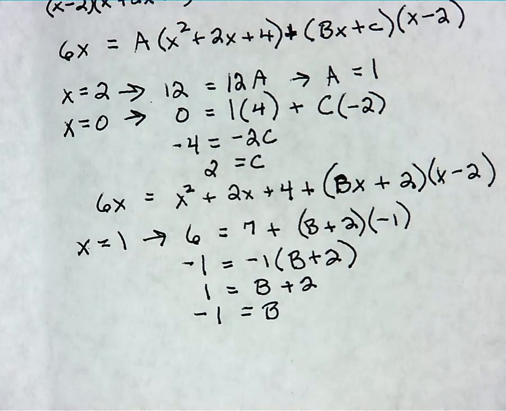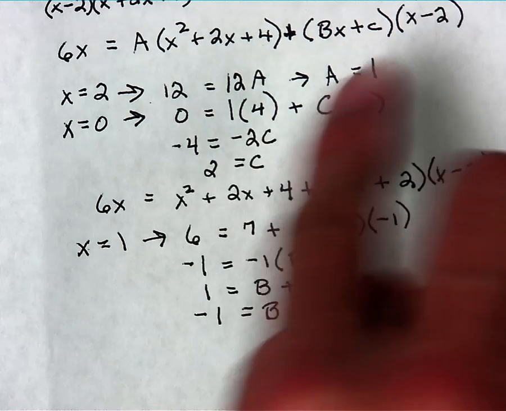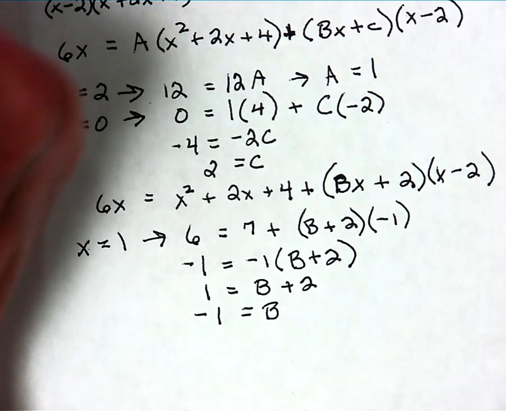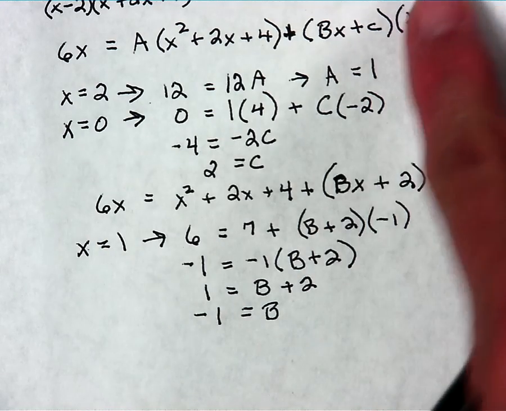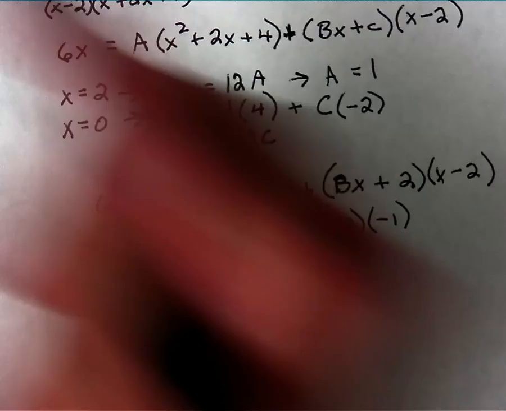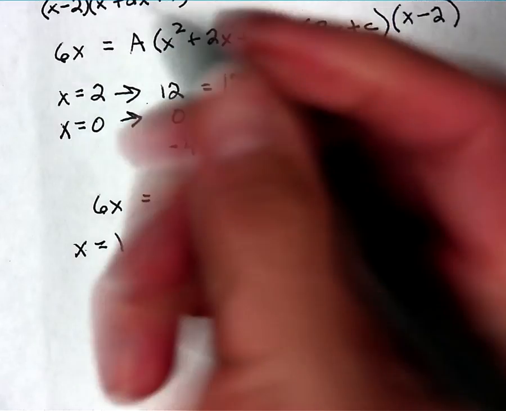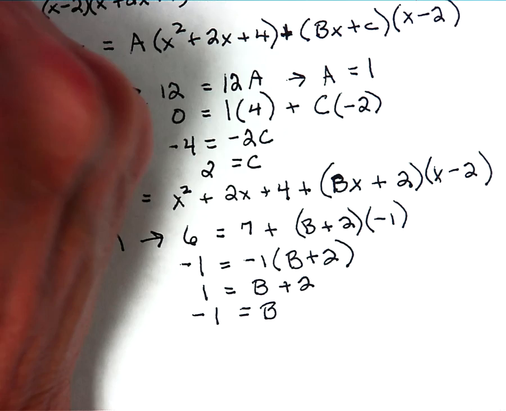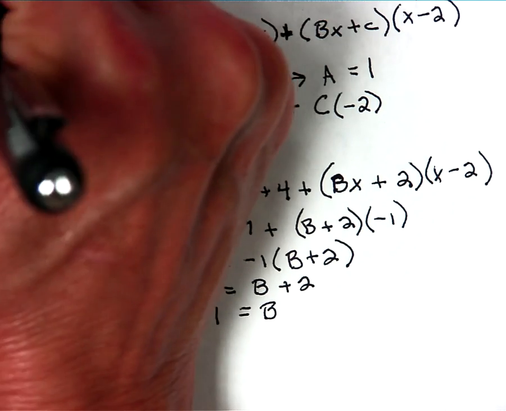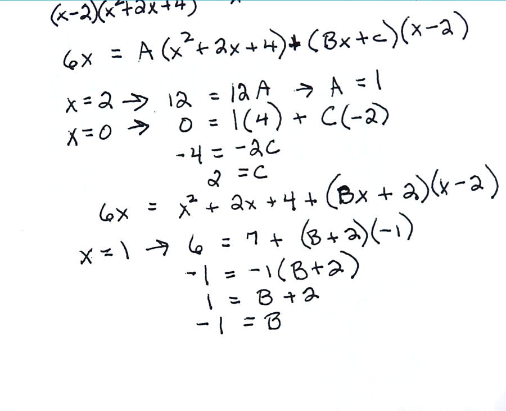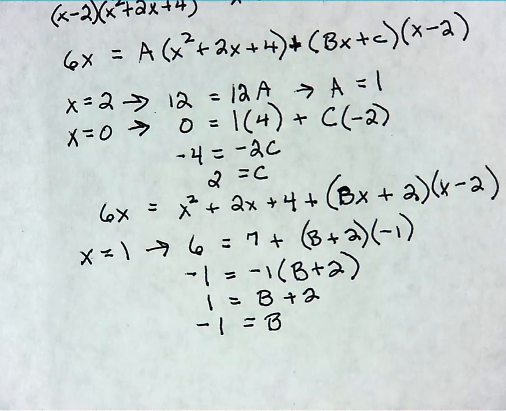And I'm going to go ahead and separate my integral into these different terms. 1 over X minus 2 dx plus the integral of bx plus c would be negative 1x plus 2, same thing as 2 minus x, over the quadratic factor. Negative x plus 2. Same as 2 minus x.